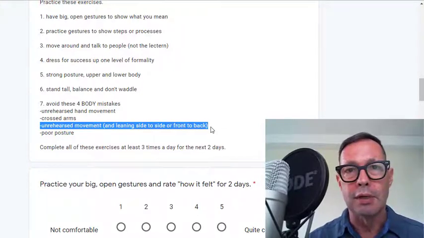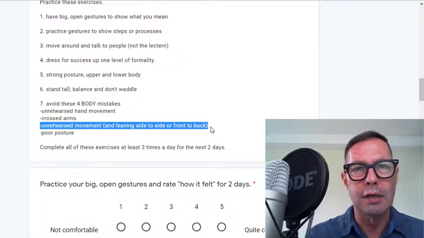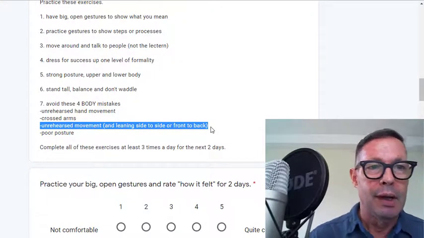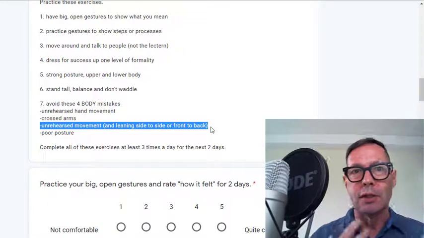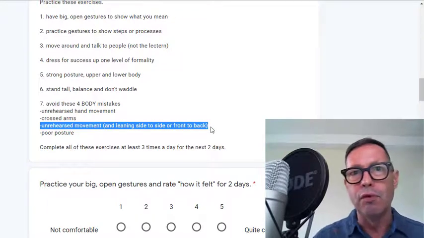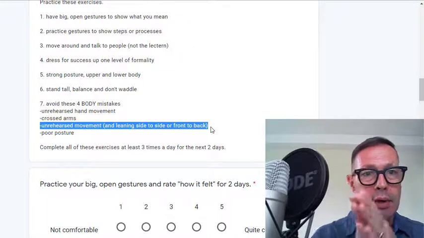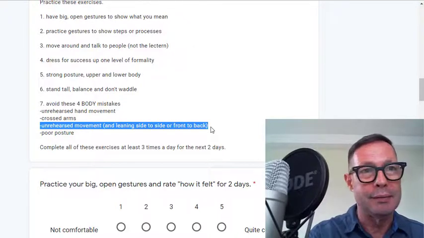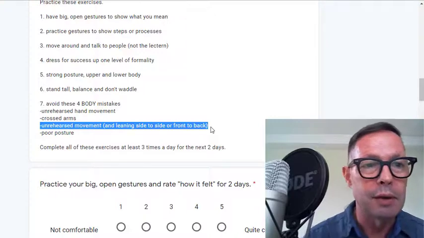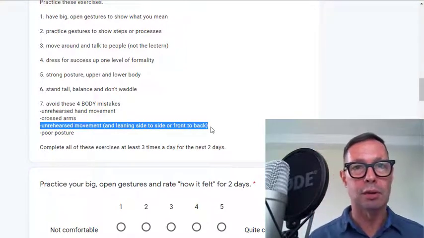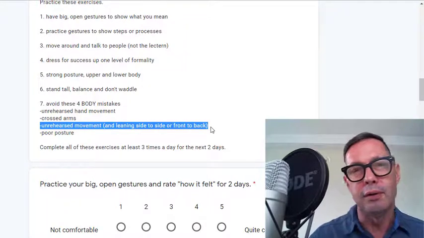Let me conclude this session. In this session, we have talked about body. We've talked about having big gestures and practicing any gestures and steps and moving around to talk to different people, moving around the audience or the platform. We've talked about dressing up for success, having that posture, holding still, and avoiding those mistakes.